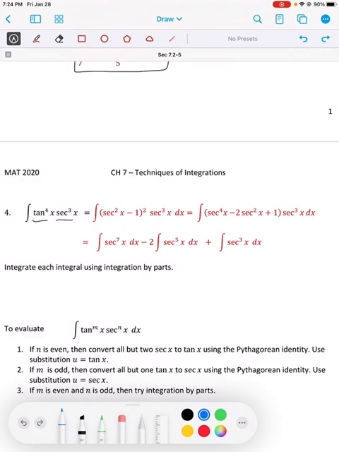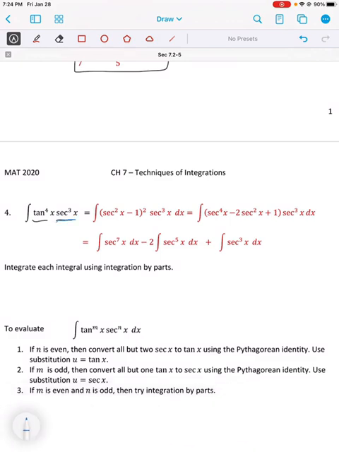So what we do here, we keep our secant, whatever the power on it is, as it is, and we convert all the tangent into secant, because tangent has an even power. So when we do that and distribute, we end up getting integrals with odd powers of secant.